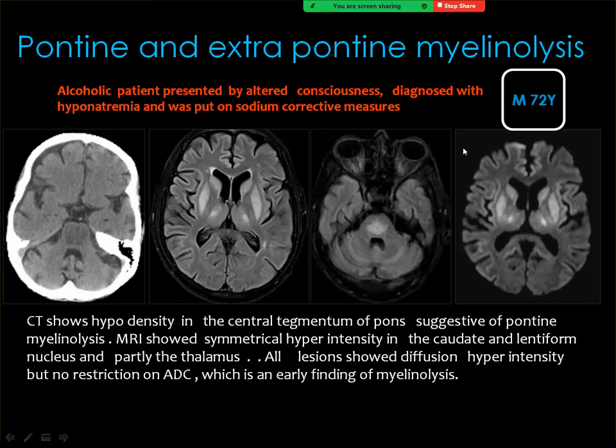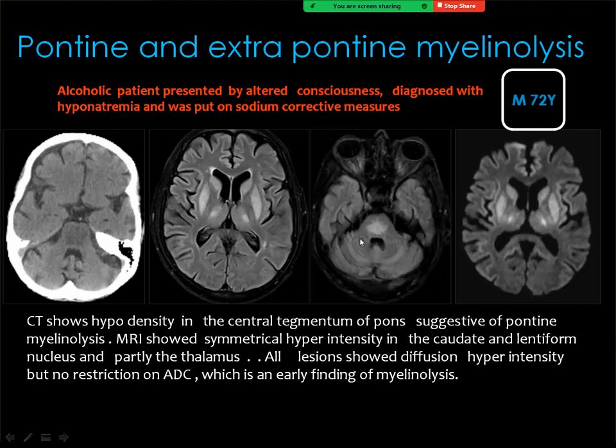Then this is the pontine myelinolysis, where you got an abnormality in the pons, and this abnormality is exactly similar to the Mexican cap in the MRI.